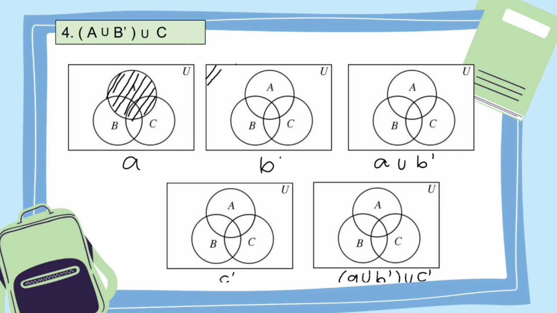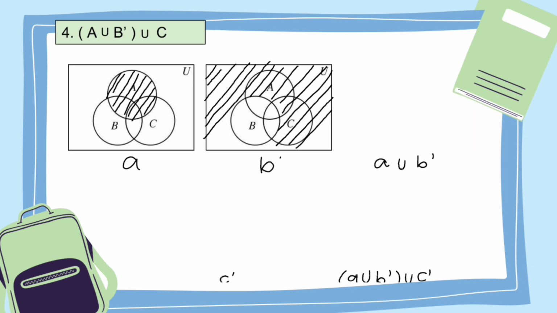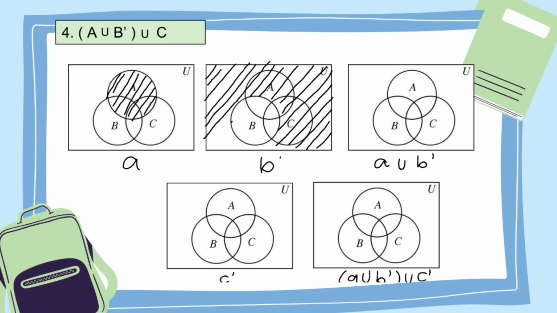So we shade everything inside the box except for the circle B. In the third box, we look for A union B prime, therefore we shade everything except for this part of letter B.